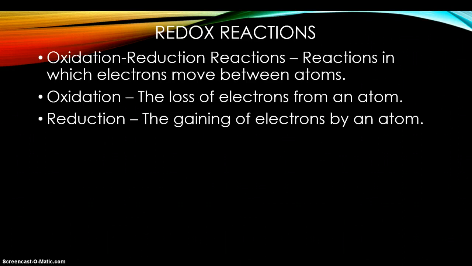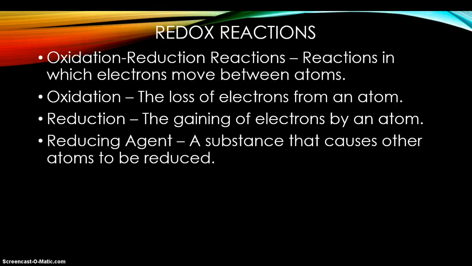Okay, our next term, reduction, is the opposite of oxidation. It's the gaining of electrons by an atom. And so you have oxidation, the loss, and reduction, the gaining of electrons by an atom. Then you have two other terms that you will need to be familiar with. One is what's called the reducing agent, and this is the substance that causes other atoms to be reduced.